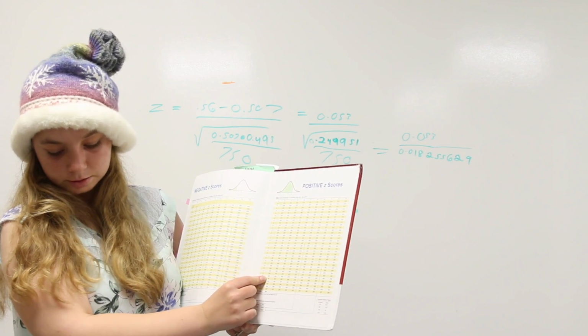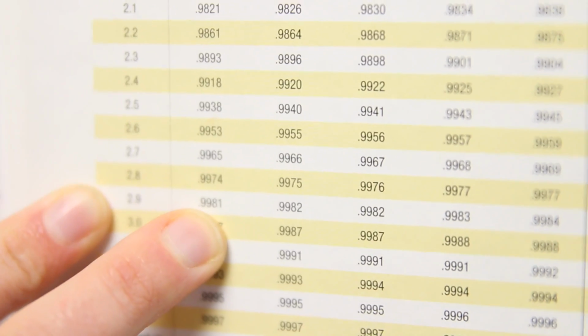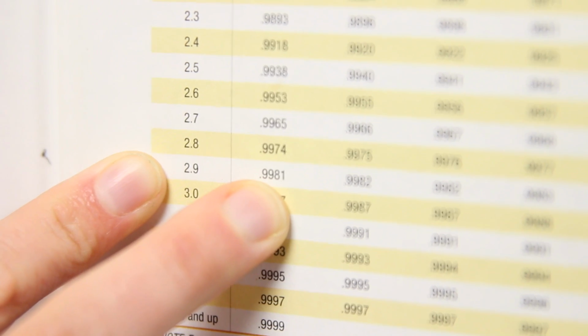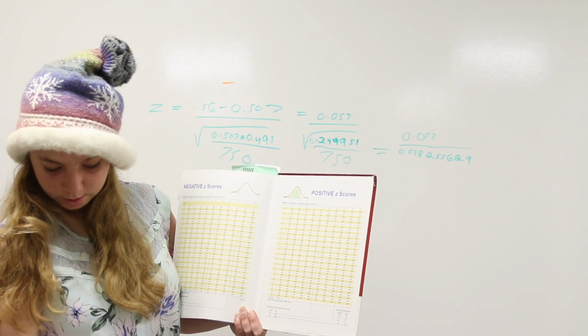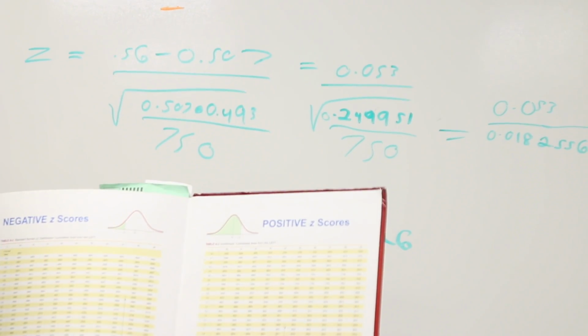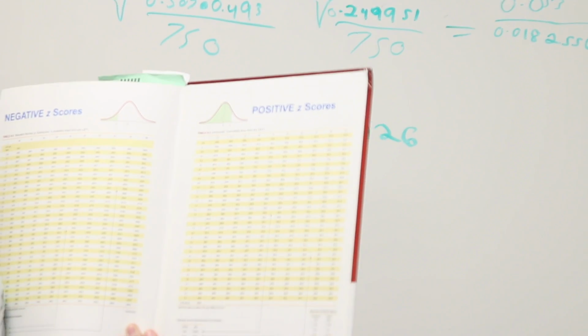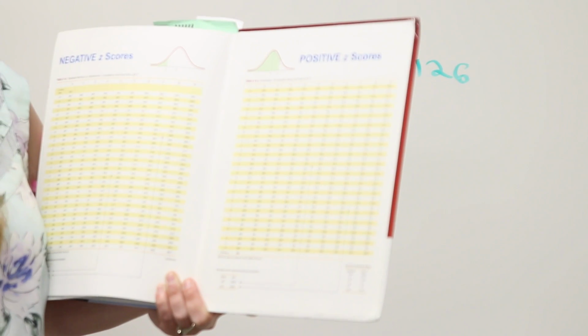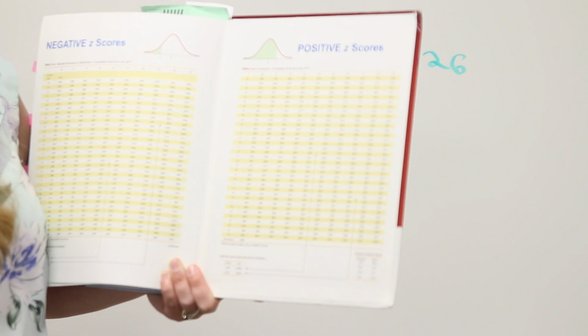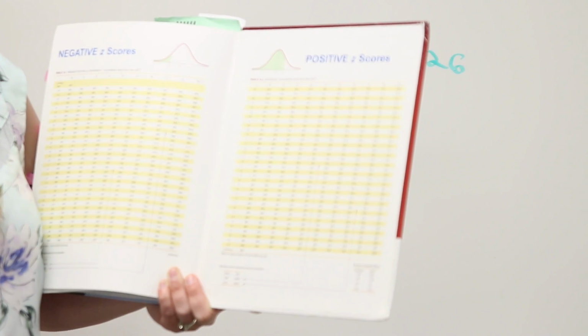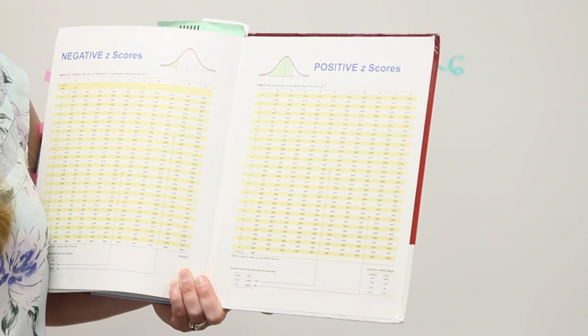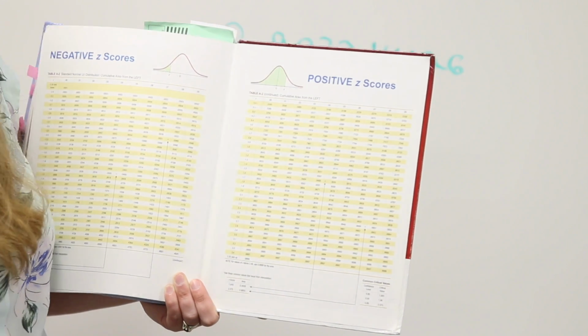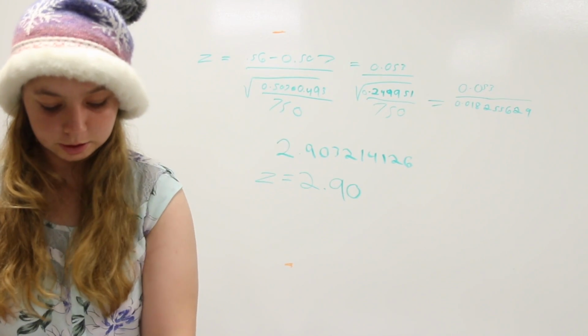They meet at 0.9981. 0.9981 is all the area to the left of the z score of 2.90, because the z score table shows areas to the left. We want the area to the right.